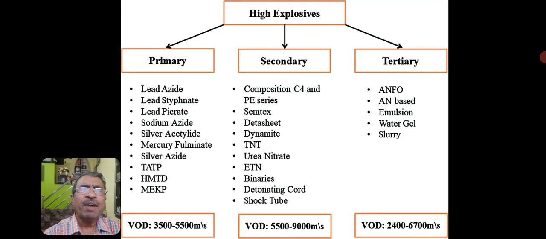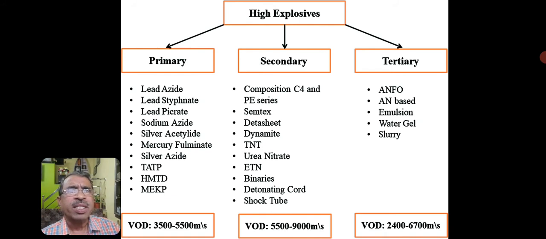In this slide, I have shown these explosives, primary and secondary, with examples. Lead azide, lead styphnate, lead picrate, sodium azide, mercury fulminate, silver azide. These are some of the examples of explosives which belong to primary explosives.